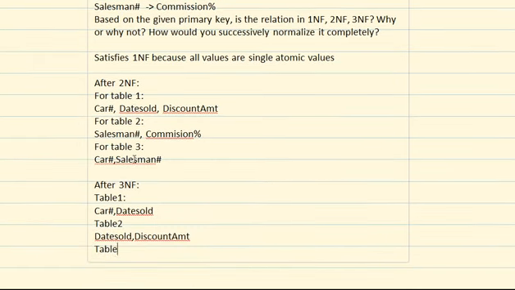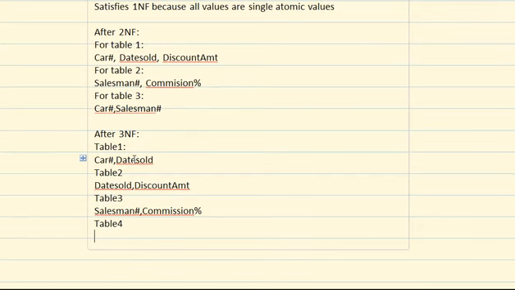And table 3 would be salesman number and commission percentage, like before. And table 4 would be the relation that we formed before, which is this.